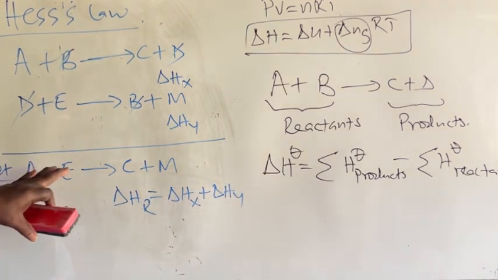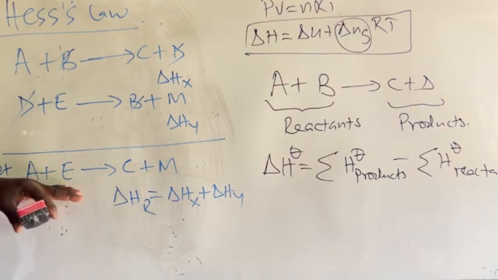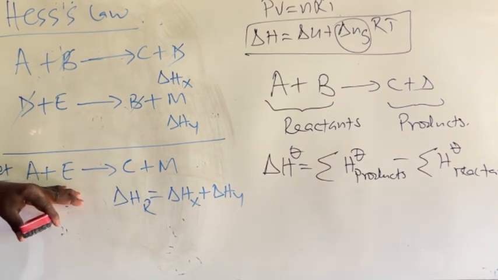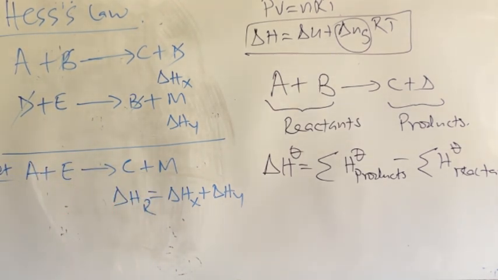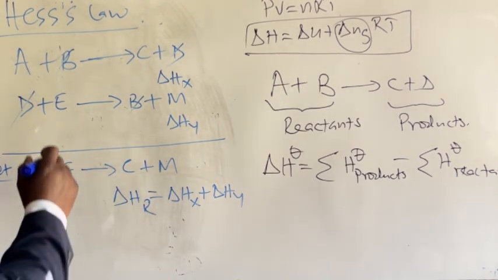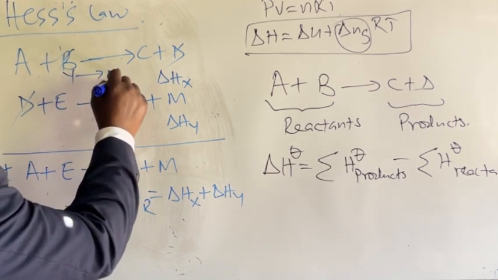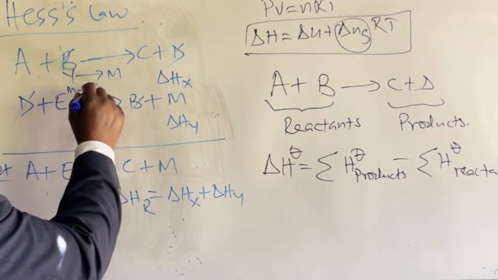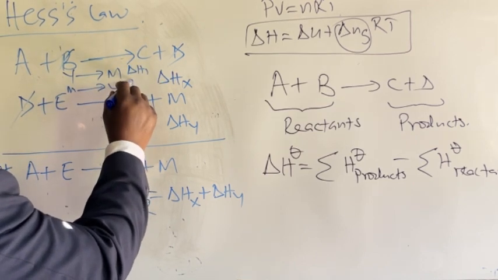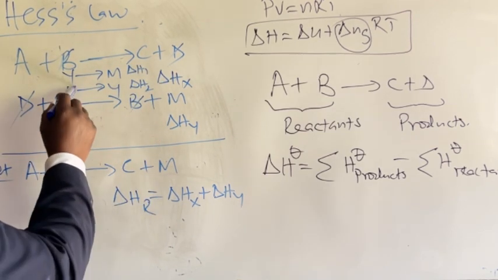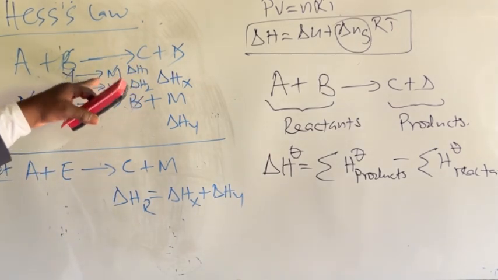It simply means that we are only interested in the initial state, that is the reactants, and the products. So even if there was another reaction in the system, let us say we had Y going to M and M going to Y, with enthalpies DH1 and DH2, of course they cancel out.